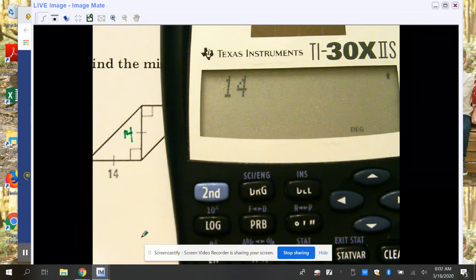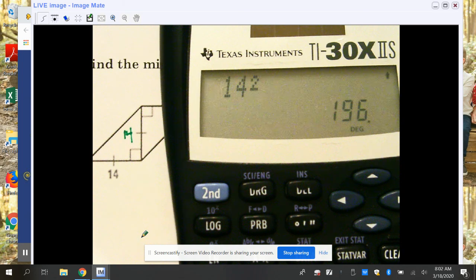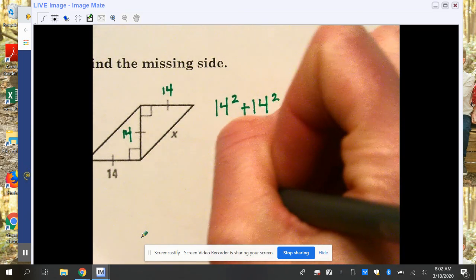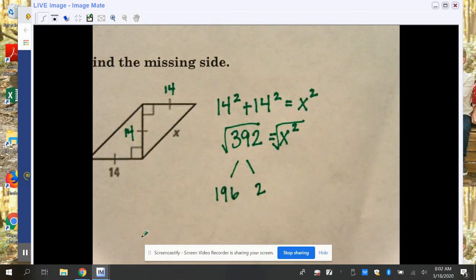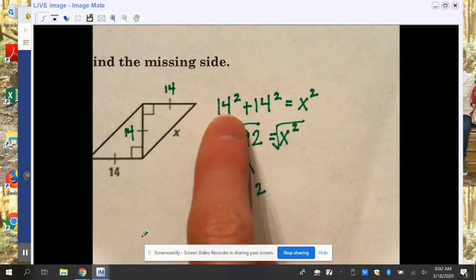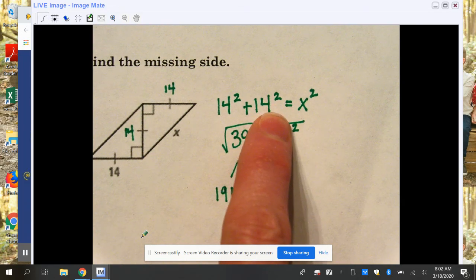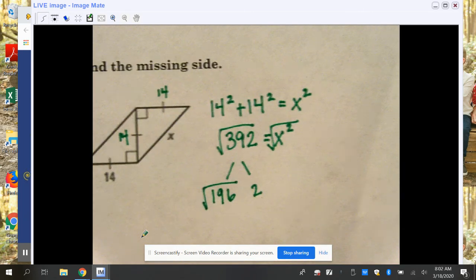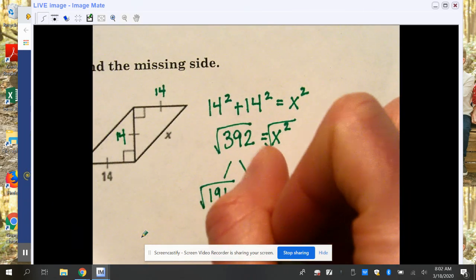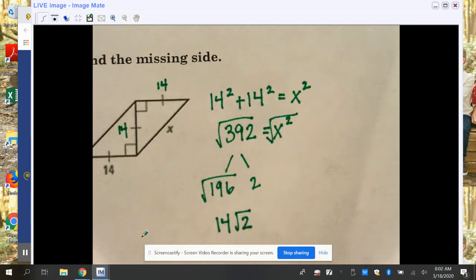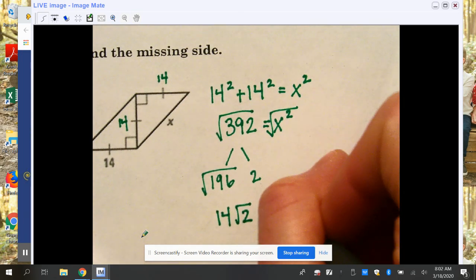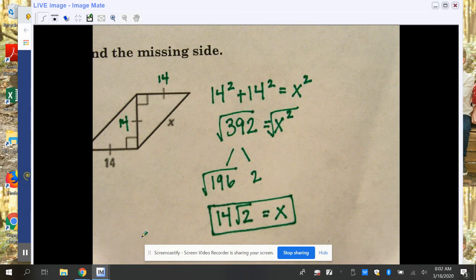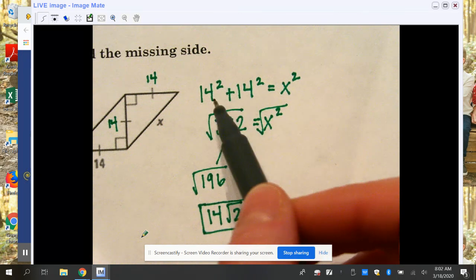So 14 squared is 196. And so this breaks down into 196 times 2, right? Again, because we've got two 14 squares. So 196 times 2. And so then when I take the square root of 196, that 2 cannot be simplified down any further. And so this side would be 14 radical 2. Again, that relationship only works because it's two 14 squares.